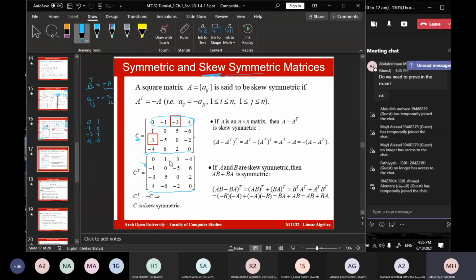When you compare between the two matrices, you will find that here was 0, then here was 0. Here is 1, but here is minus 1. 3, and this is minus 3. So is this matrix equal to this one?